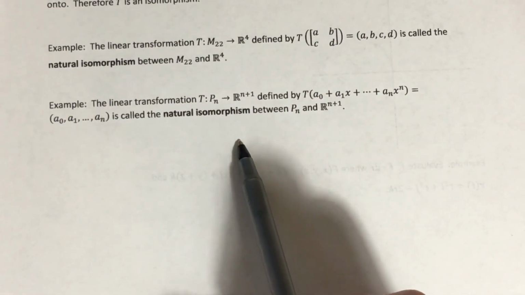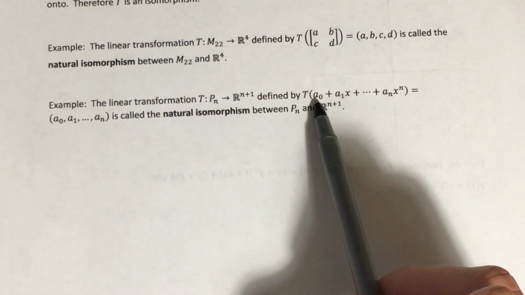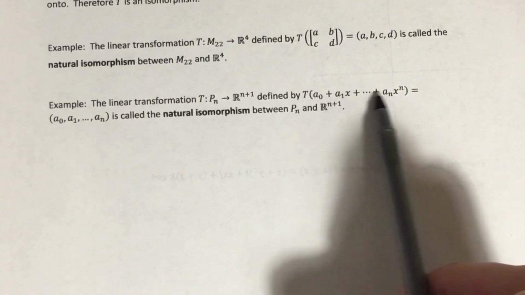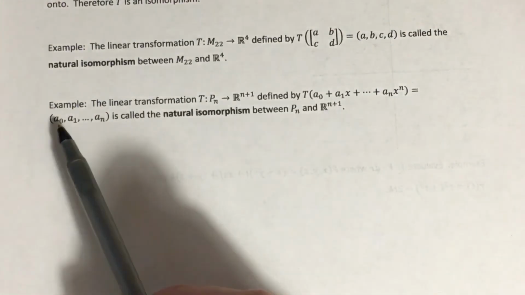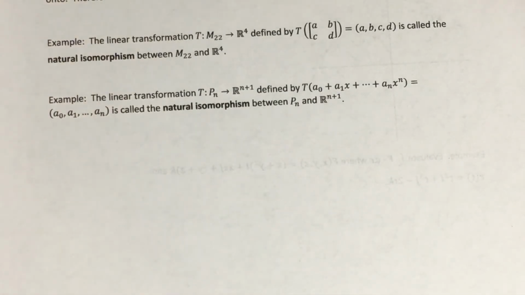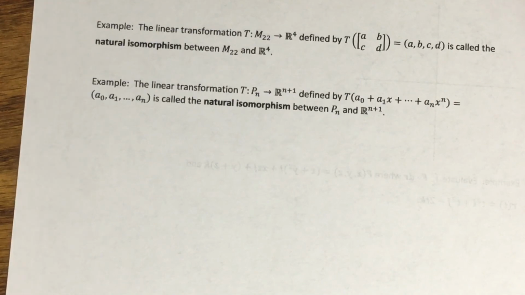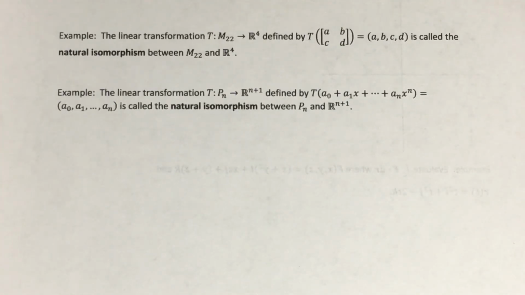It's the natural isomorphism because all it's doing is taking the scalars, which are what make this polynomial unique, and assigning them to a vector with the exact same scalars in Rn+1. That's the natural isomorphism. Usually you can kind of tell when you're working with a natural isomorphism. So that's going to be it for 8.3.